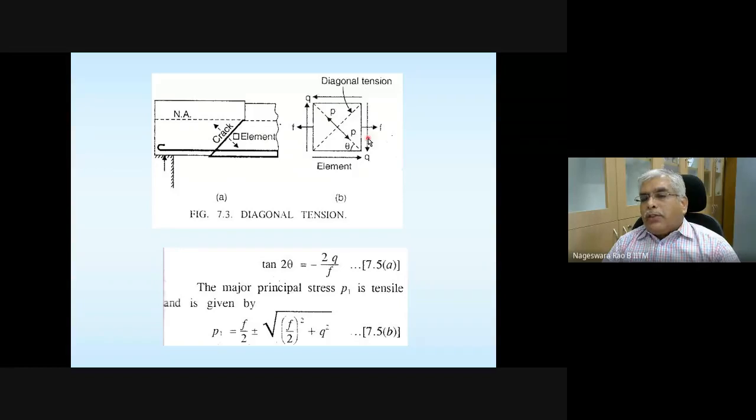So theta differs by 90 degrees. The other plane is going to be perpendicular to this plane.